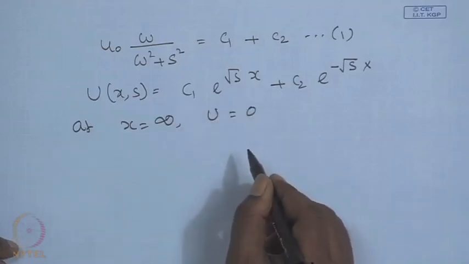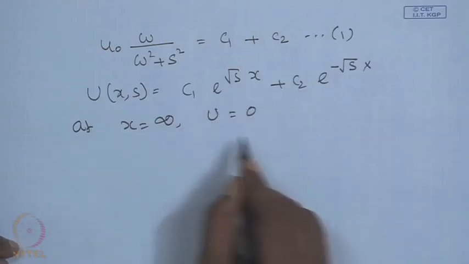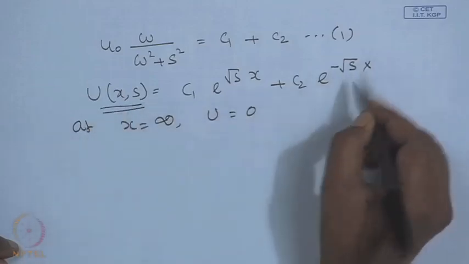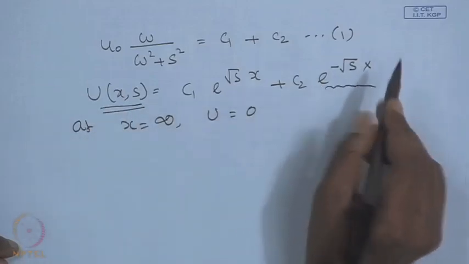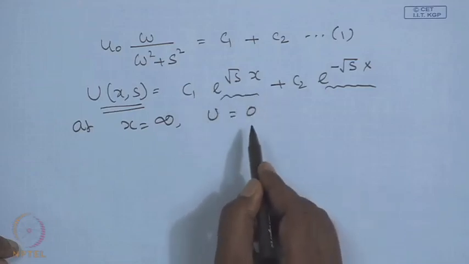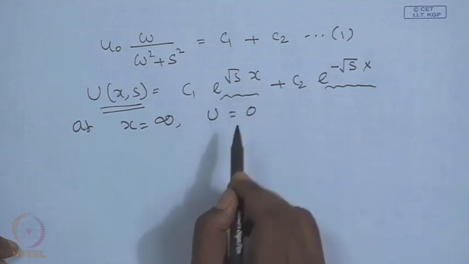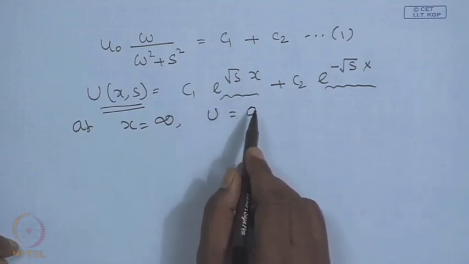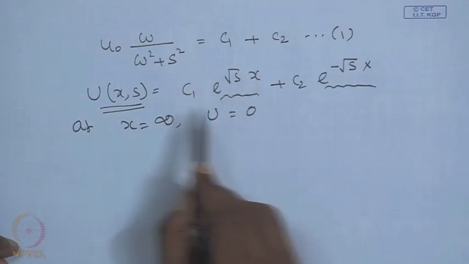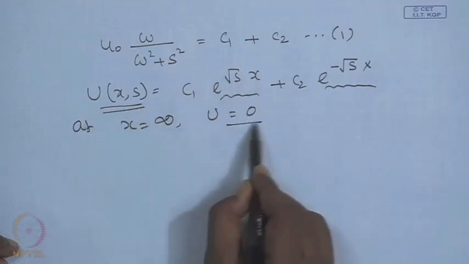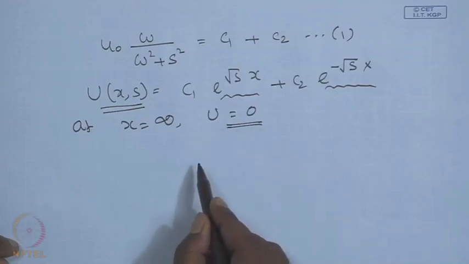That means u becomes 0, it is finite. But if you put infinity, then the second term becomes 0, but the first term blows off, it goes to infinity. So, because of the presence of the first term on the right hand side, instead of 0 it becomes infinitely large. So, this is a point where the solution will blow off at x is equal to infinity.